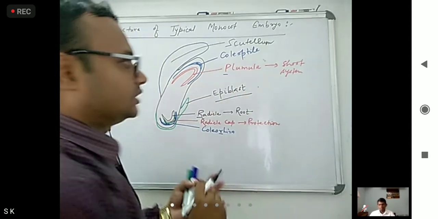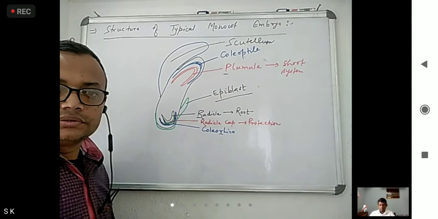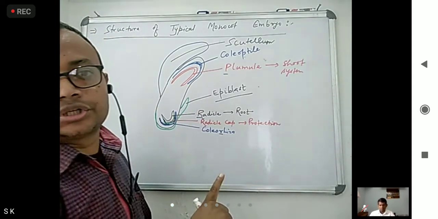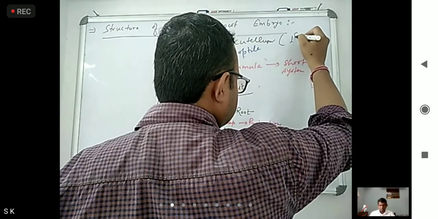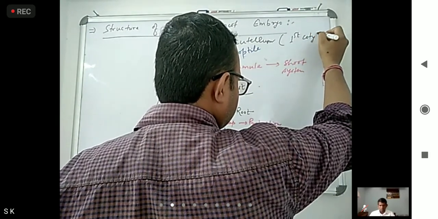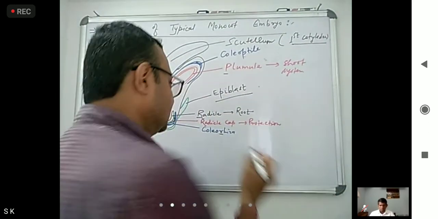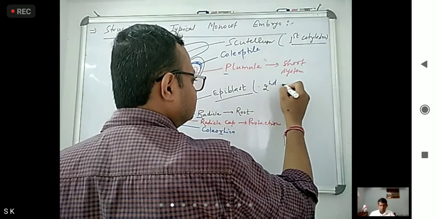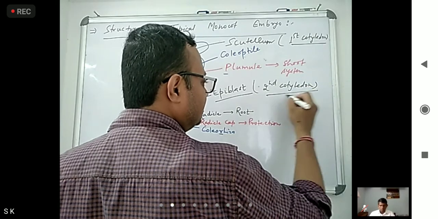Now questions are asked: does monocot have two cotyledons? Yes, they have two cotyledons, but the first cotyledon is functional, and the second cotyledon is non-functional and reduced.